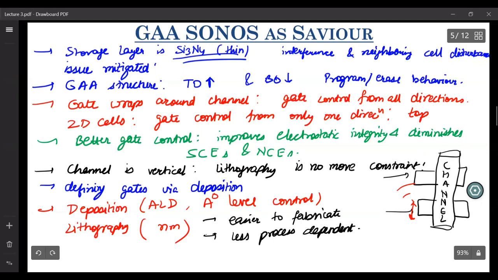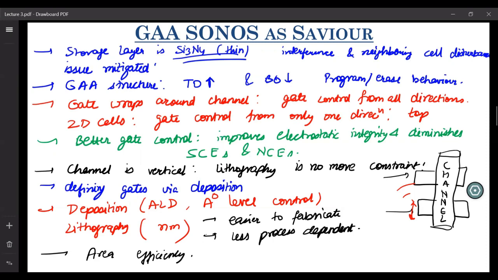And since you are integrating several cells on top of each other in your gate-all-around 3D NAND flash memory, you also have a better area efficiency. How? Remember, if you stack different cells on top of each other, your effective feature size becomes 4F squared by n, if you remember correctly, where n is the number of layers of stacking.